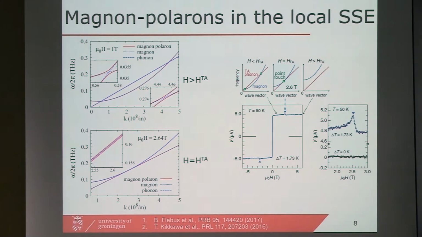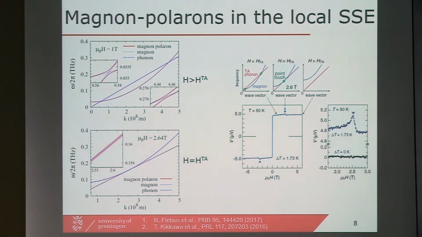So you notice it's a small feature, and the reason for this is that the majority of the magnons, which are responsible for the spin-Seebeck background voltage, you could say, are still not really hybridizing. I mean, the largest fraction of the magnons is still just pure magnons, but you have a significant fraction here that is now hybridizing with the phonons, which leads to this little enhancement of the signal right at the resonance field.